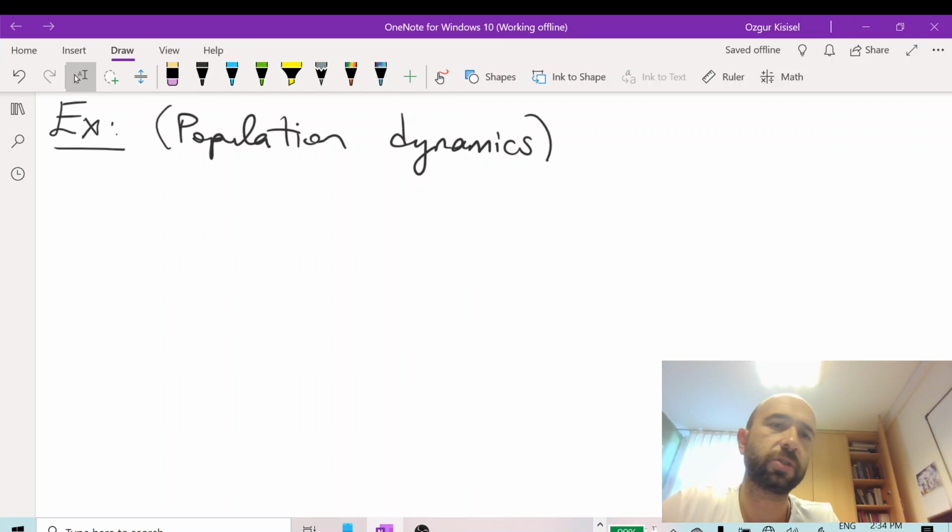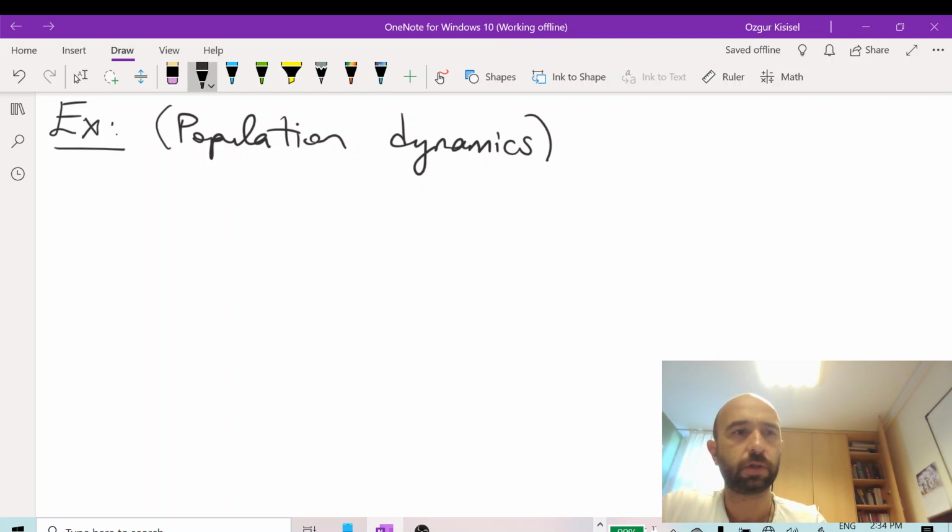Okay, so populations of species change in time, and that might be in quite complicated ways. If you're talking about populations of small things like insects or even bacteria or a virus, then at the initial stages, the model could be quite simple.